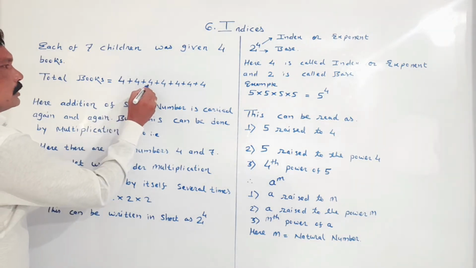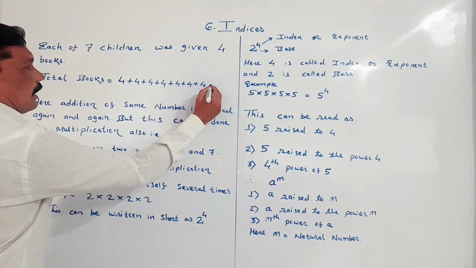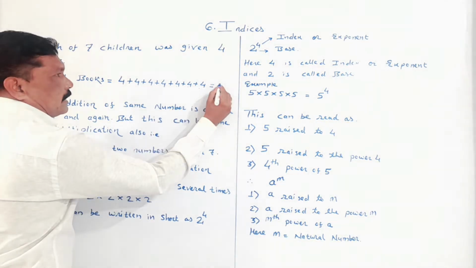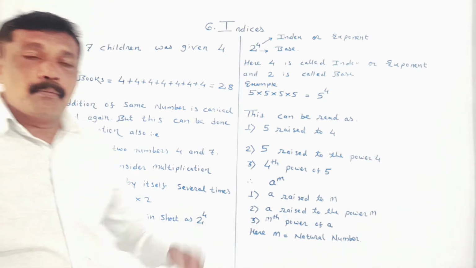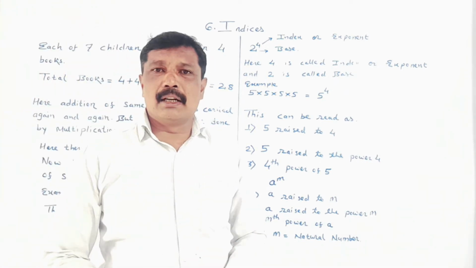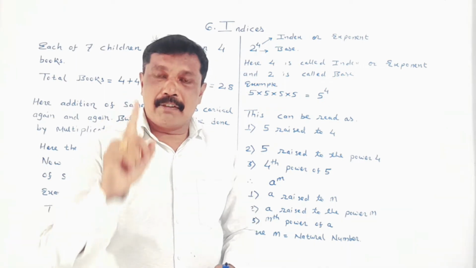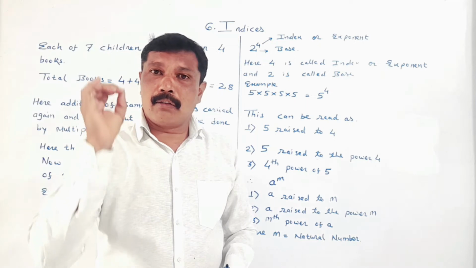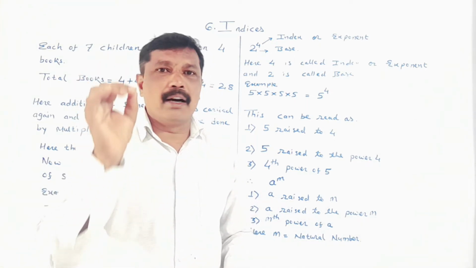1, 2, 3, 4, 5, 6, 7. And if we do the addition, the total number we will get is 28. By this activity, my dear student, if we add 4 seven times, then we will get the total number of notebooks distributed among 7 children.